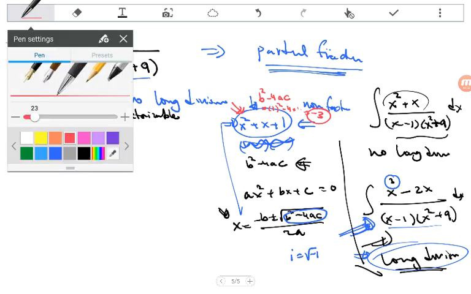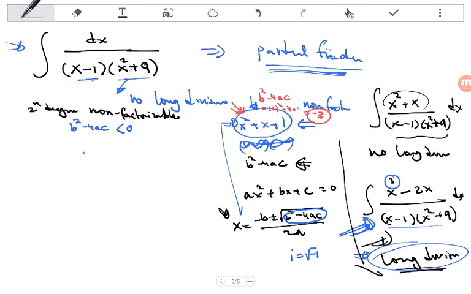One of the most common forms for non-factorizable quadratic brackets has this form, x squared plus a squared. This is the most known expression for non-factorizable quadratic brackets. Why? Because this cannot be equal to 0 unless for complex values.